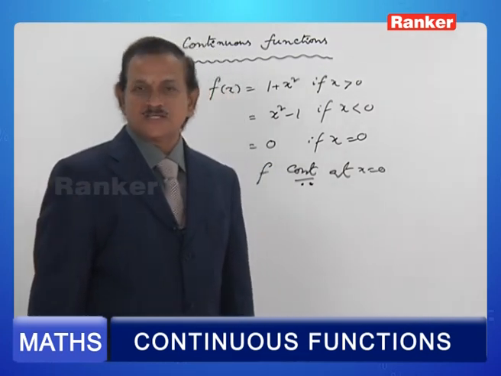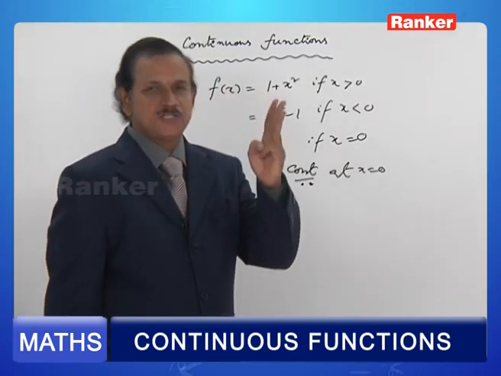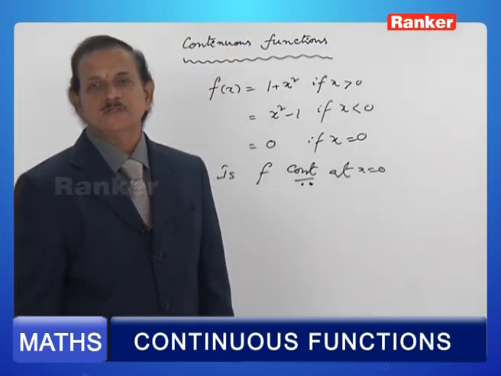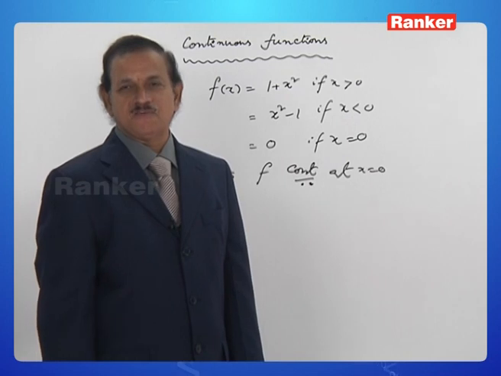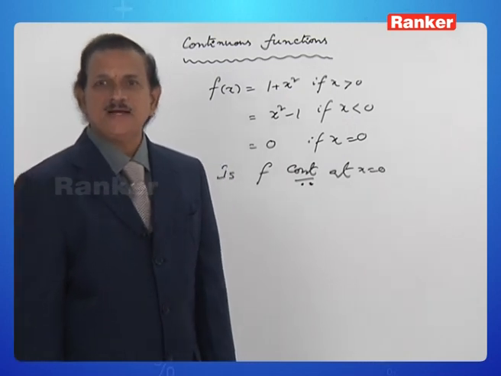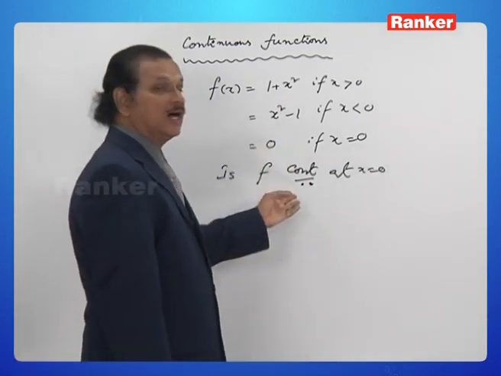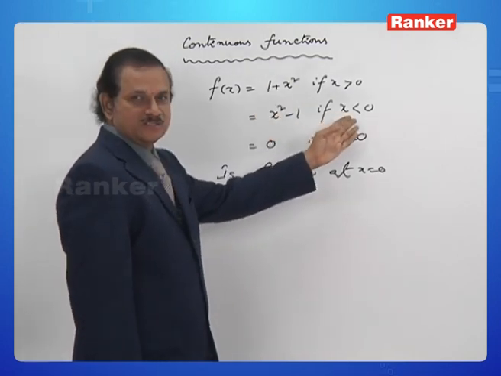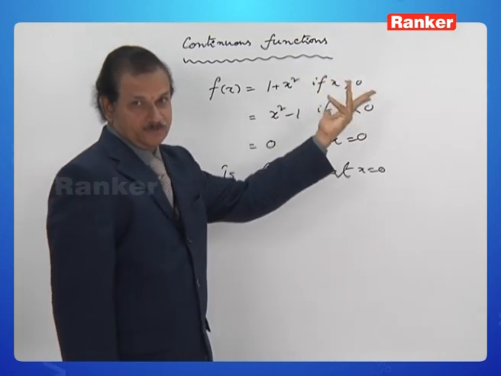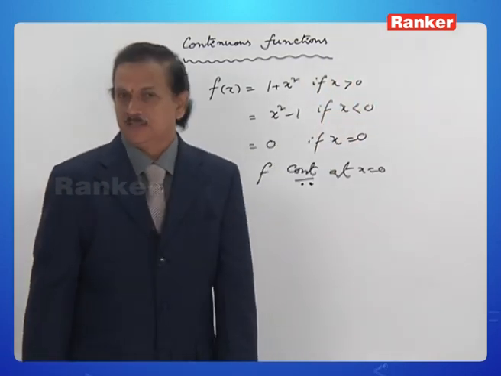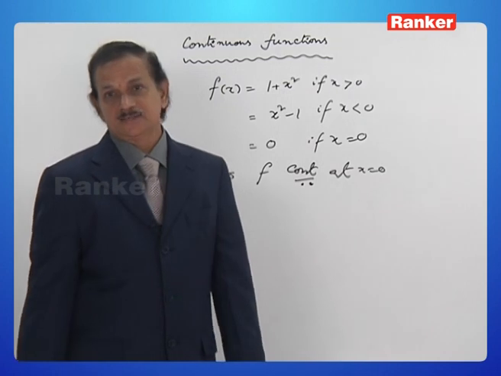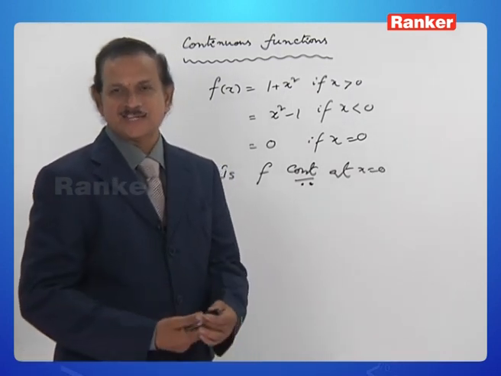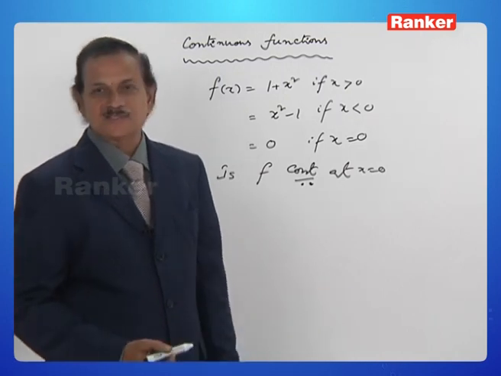Well, to test the continuity, we have had 3 conditions in our mind. The first one is f of a must be defined. The second one is limit of f of x, etc. To find the limit here, we are given the nature of f of x in both the regions, to the left of 0 and to the right of 0. So, here it is convenient for us to use the briefcase conditions as we spoke of humorously.